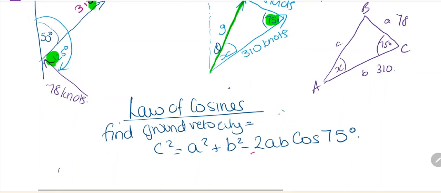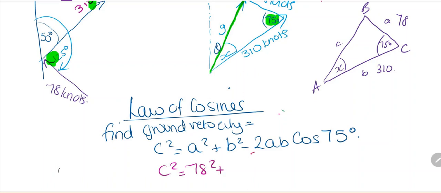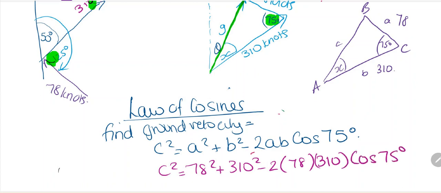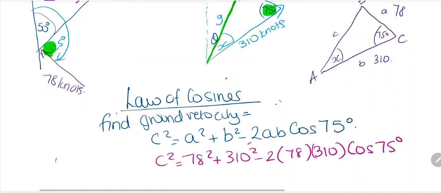So if we substitute in the values that we know, a squared is 78 squared, plus b squared is going to be 310 squared, minus 2 times 78 times 310 multiplied by cosine of 75.